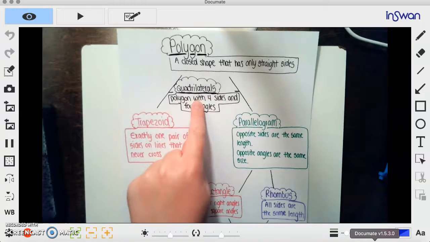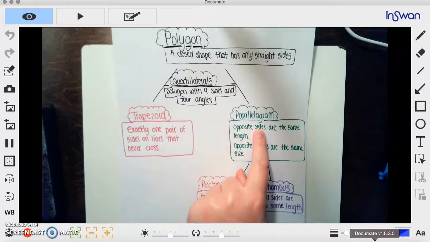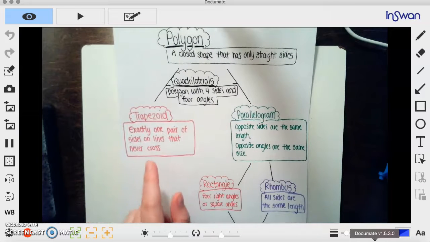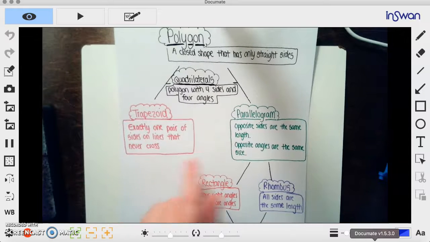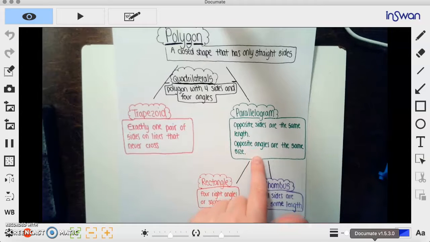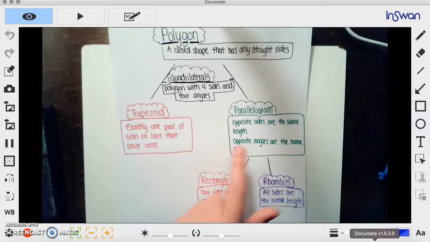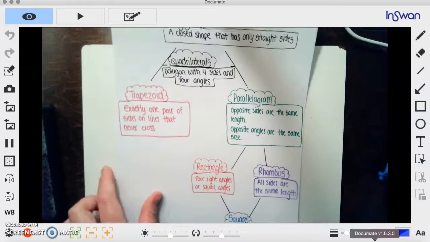Now, under your quadrilaterals are trapezoids or parallelograms. A trapezoid has exactly 1 pair of sides on lines that never cross. Parallelograms have opposite sides that are the same length and opposite angles that are the same size. Under parallelograms are rectangles and rhombuses.